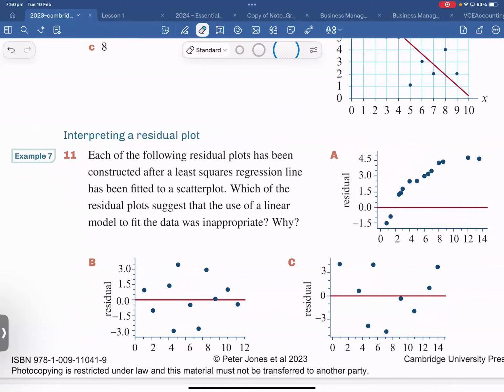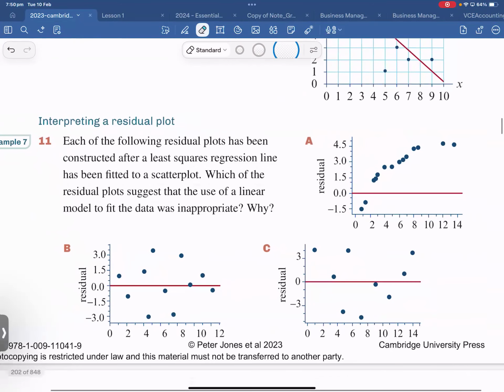Okay, guys, if you are done with this, shall we discuss? Right, 11A. Which of the residual plots suggests the use of a linear model to fit the data was inappropriate? Why? A. Why is that? Because the data has a clear pattern. Very good.